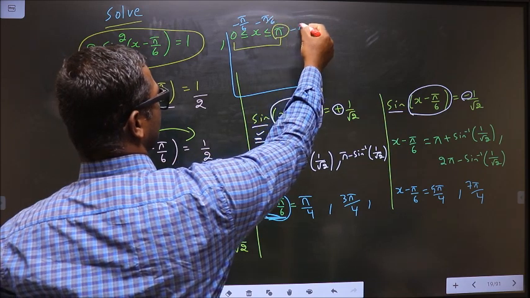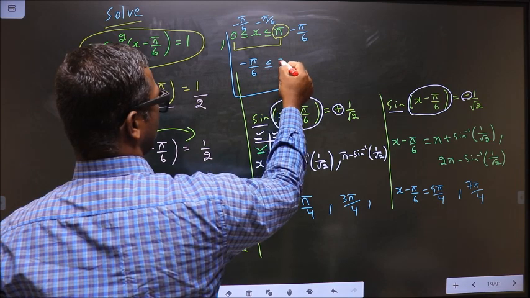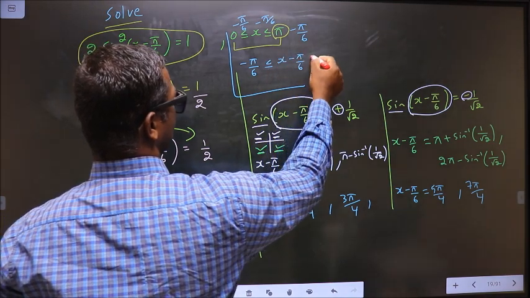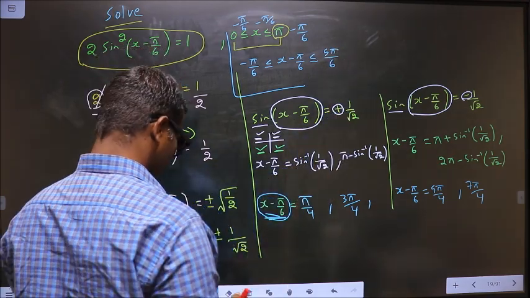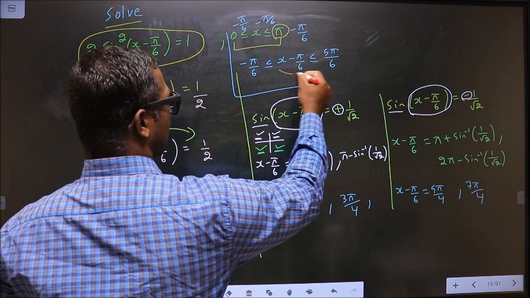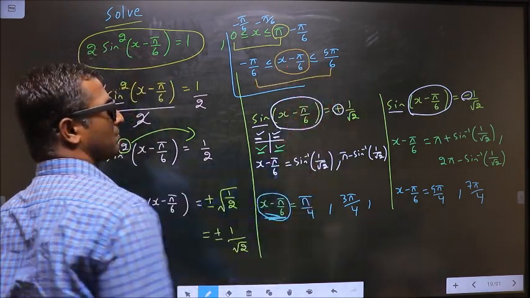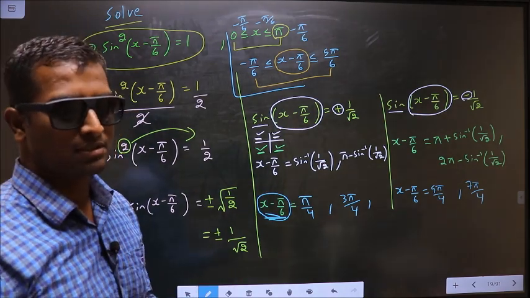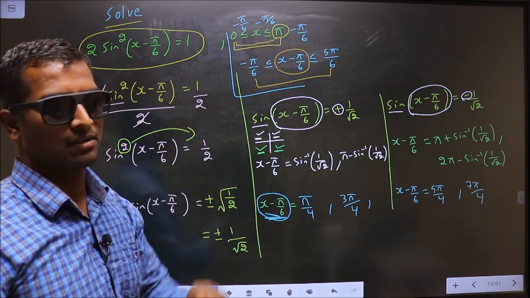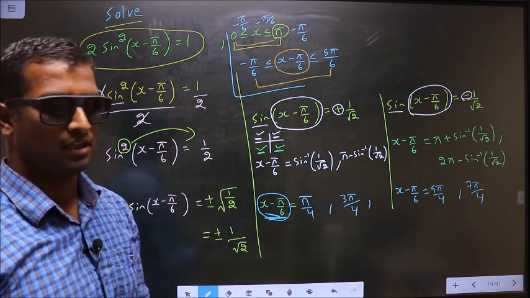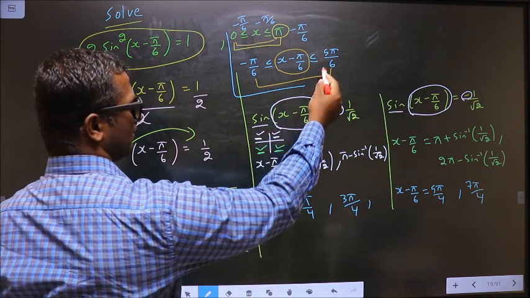So we get −π/6 ≤ x − π/6 ≤ 5π/6. Now the values for this should lie in this interval. When that happens, automatically the values for x will lie in the required interval. Am I clear? Now write all the values for this in this interval.